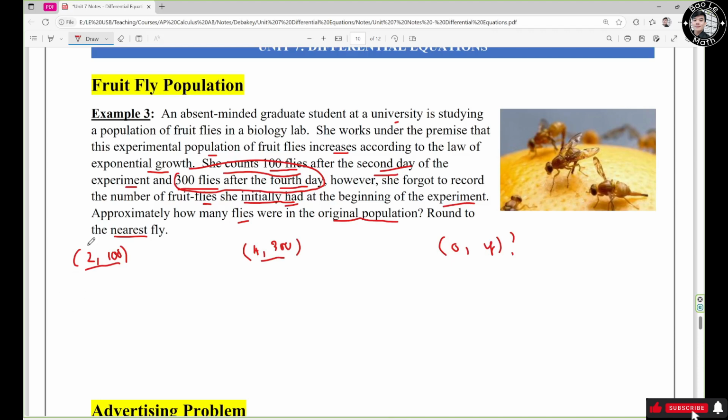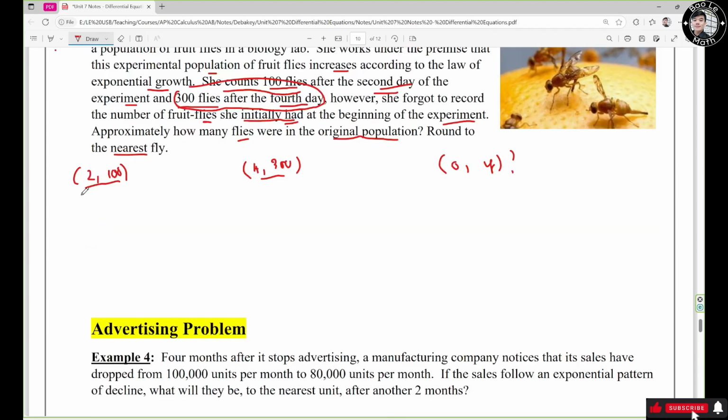Since you don't have the initial value, you have the equation y equals c times e raised to the k times t. Using the first ordered pair, you have the first equation: 100 equals c times e raised to the 2k. The second ordered pair gives 300 equals c times e raised to the 4k.